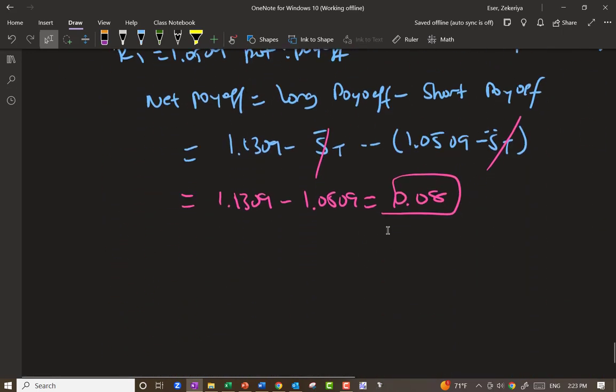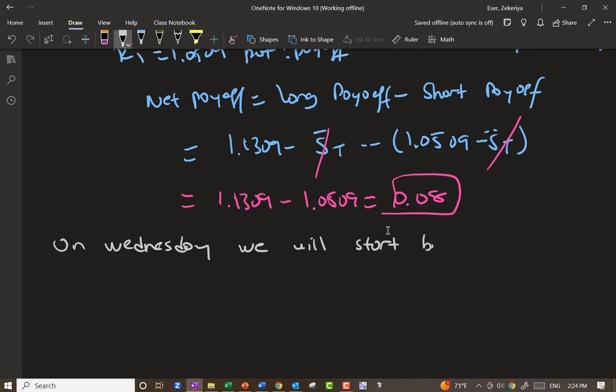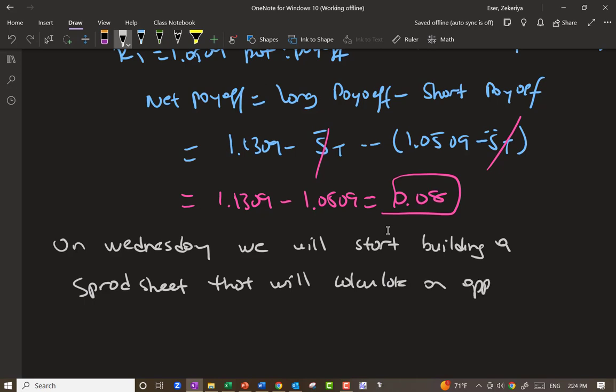On Wednesday, we will start building a spreadsheet that will calculate an approximate price on such options with a general weighting scheme.